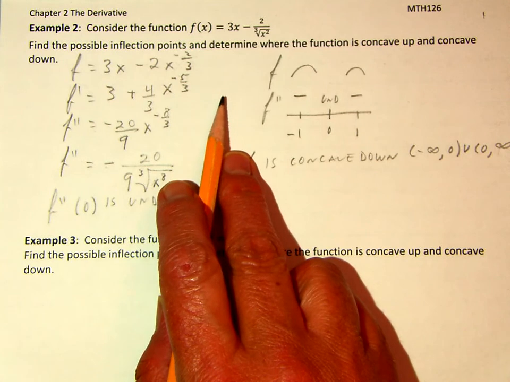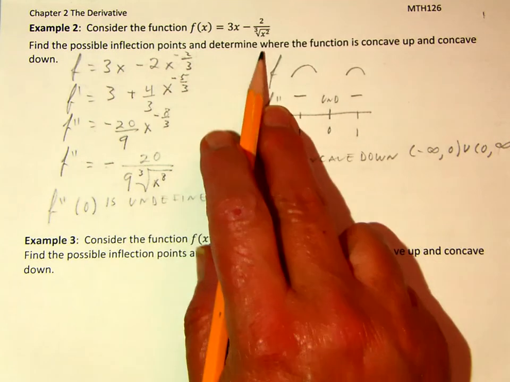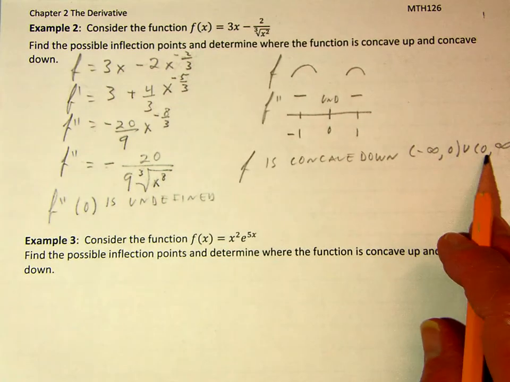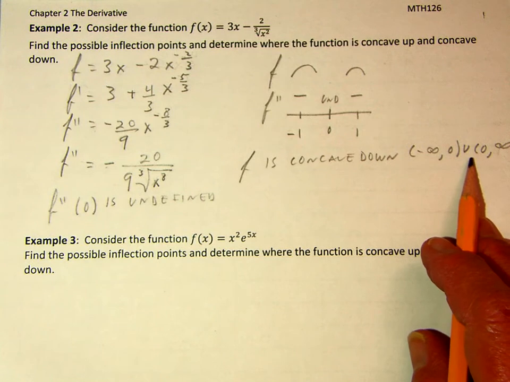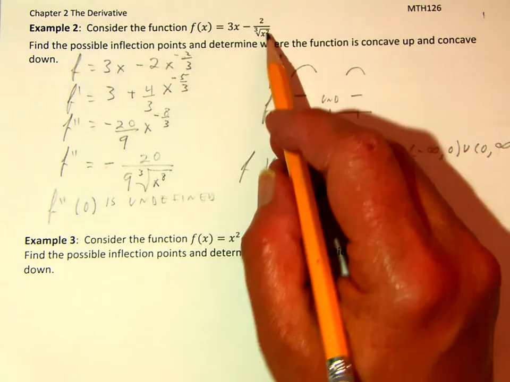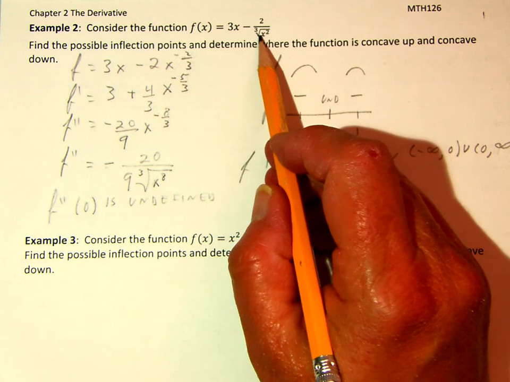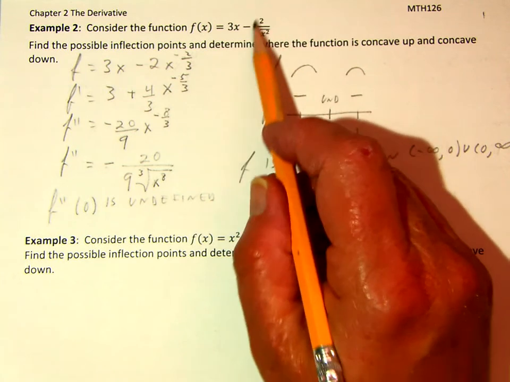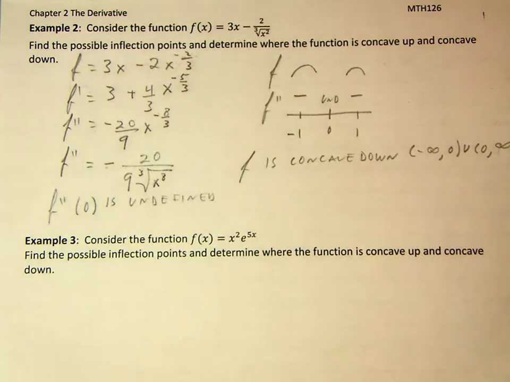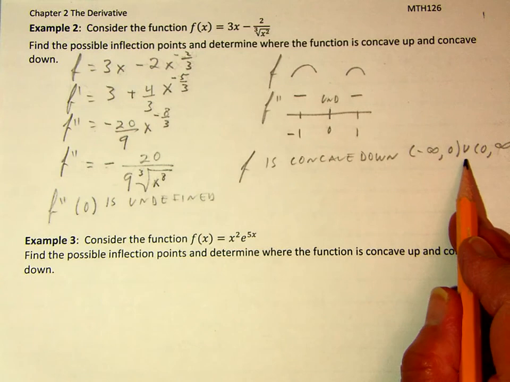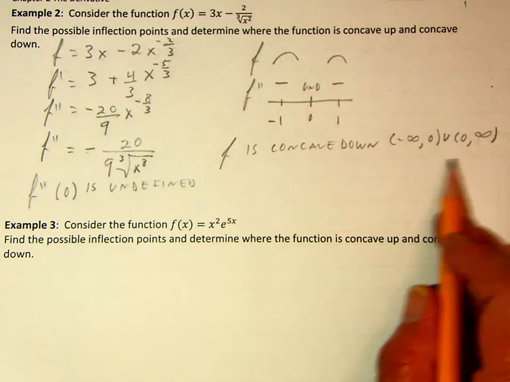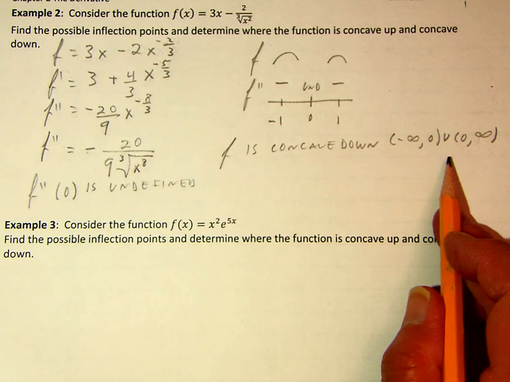So let's take a look at the graph. The reason I excluded 0 is, look what's going to happen if we plug in a 0 here. This will also be undefined. So we need to leave that out. We just can't say it's concave down everywhere. We need to make sure that we cut out the 0.